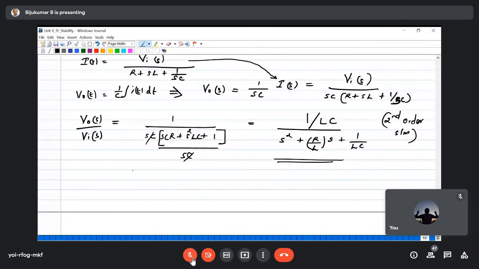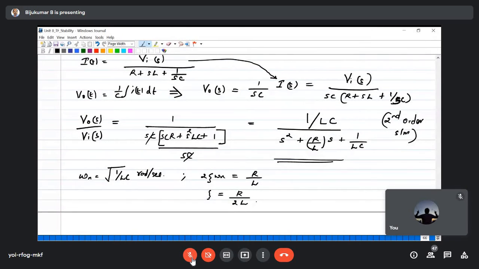If you compare the denominator polynomial with the standard equation, one thing you will get is omega n is equal to root of 1 by LC, rad/s. What about zeta? 2 zeta omega n is equal to R by L, so zeta becomes R by 2L divided by omega n.